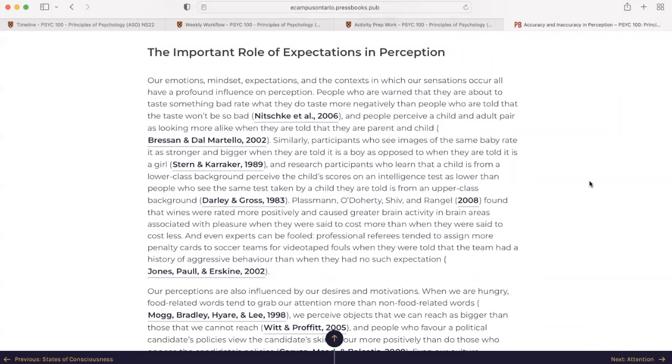And research participants who learn that a child is from a lower class background perceive the child's scores on an intelligence test as lower than people who see the same test taken by a child they are told is from an upper class background. Research has found that wines were rated more positively and caused greater brain activity in brain areas associated with pleasure when they were said to cost more than when they were said to cost less.